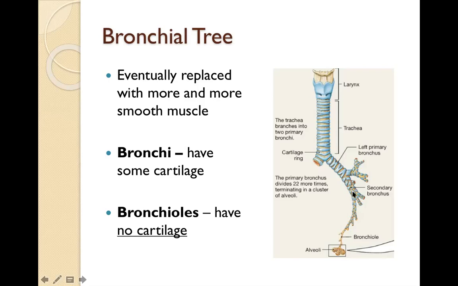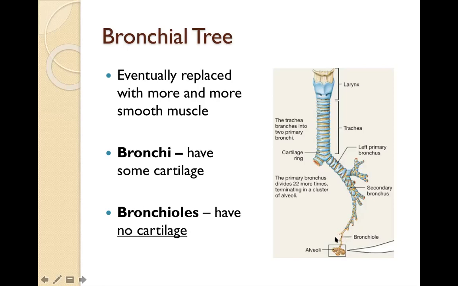As they get smaller and smaller, the cartilage is more and more replaced with smooth muscle. Eventually, after branching into the smaller airways, you have no cartilage at all.